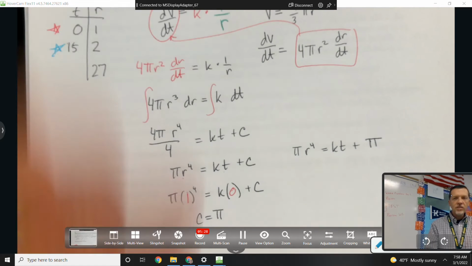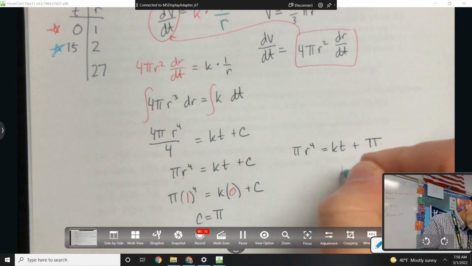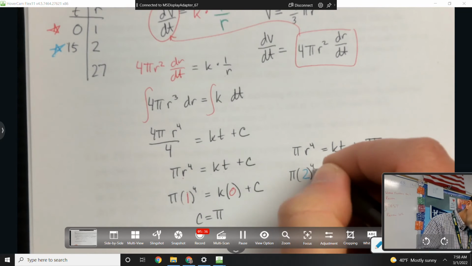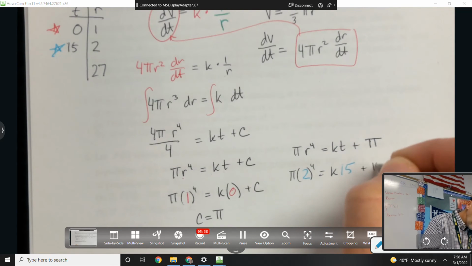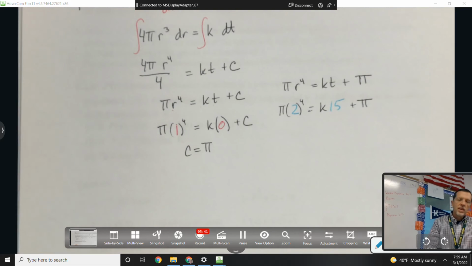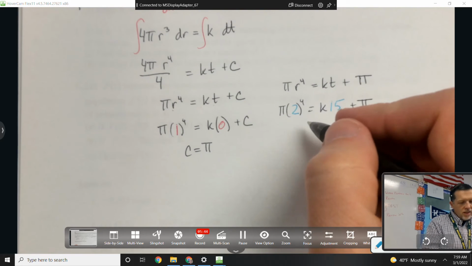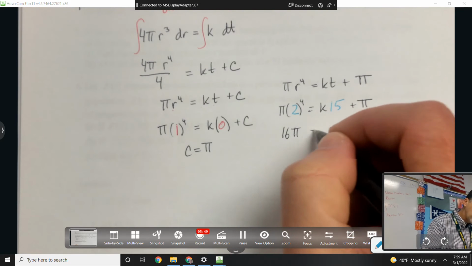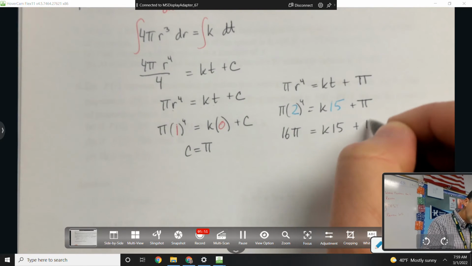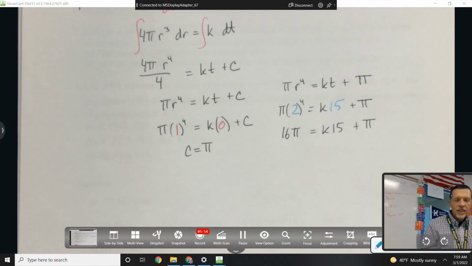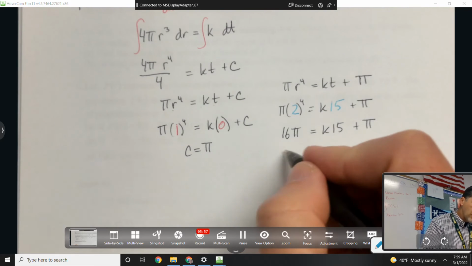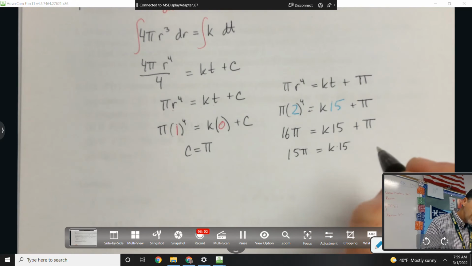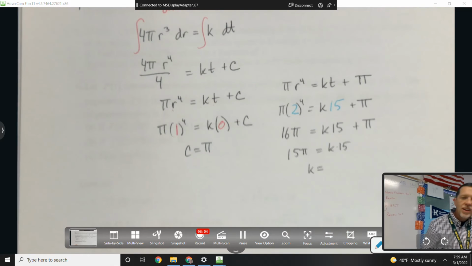So 15 in for t, and 2 in for r. 2 to the fourth. 2 cubed is 8, so 2 to the fourth is 16, so that's not as bad as maybe we thought it would be. Rigged problem alert, because what's k equal to? Pi.